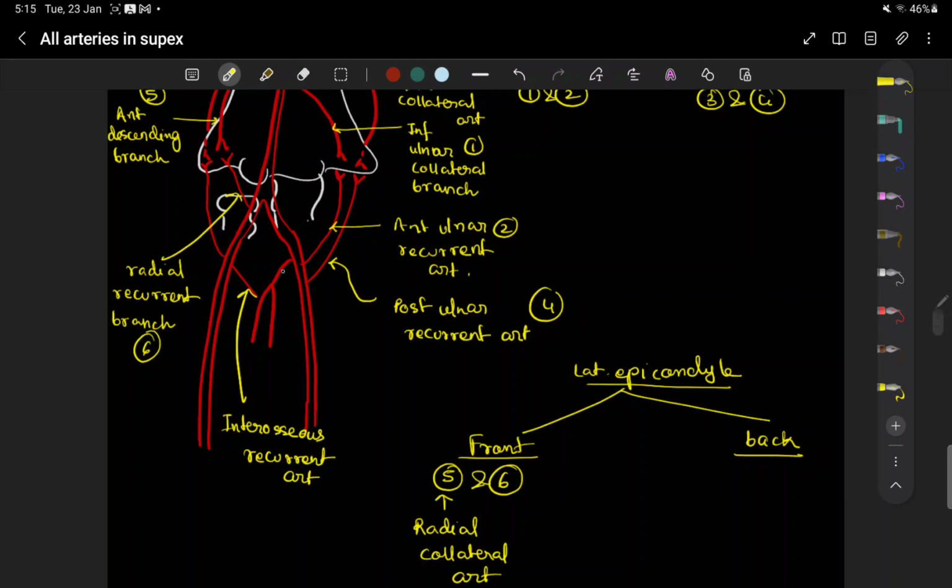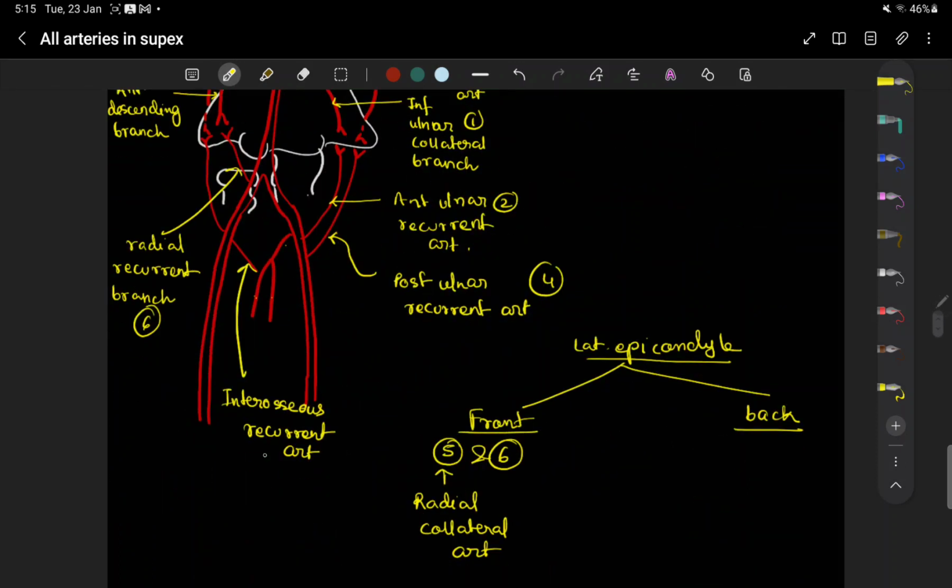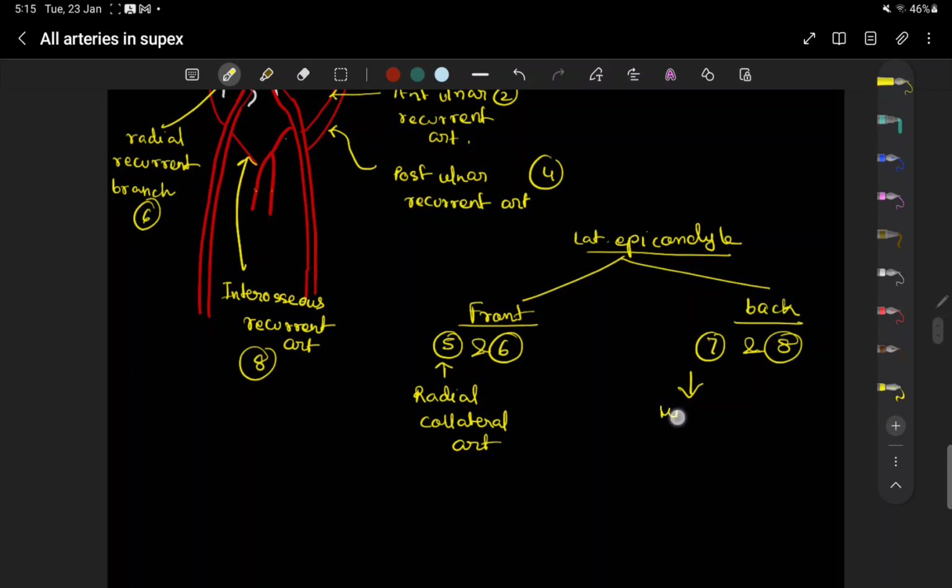This is the common interosseous artery. It divides into the anterior and the posterior interosseous artery. The posterior interosseous artery gives a branch, that is the interosseous recurrent artery. So it anastomoses with the 7th. This will be 7th and 8th. The 7th one, that is the posterior descending artery, is also called as the middle collateral artery.